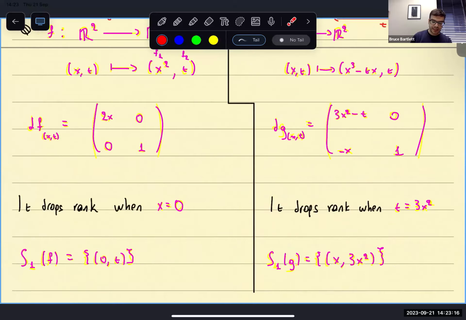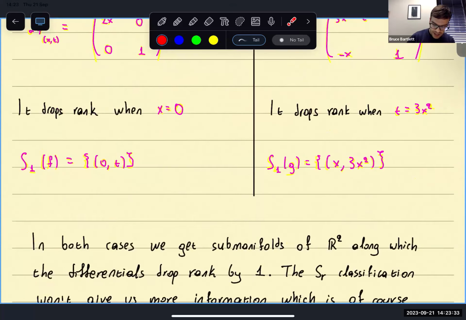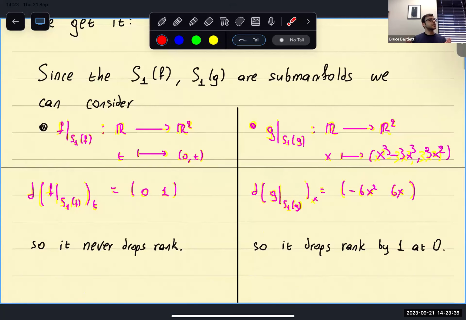We couldn't really detect this difference previously. Both of them, just their differentials dropped rank by 1. But when we pass to the critical locus and restrict the function there, studying this new function gives us a difference between those two critical points.